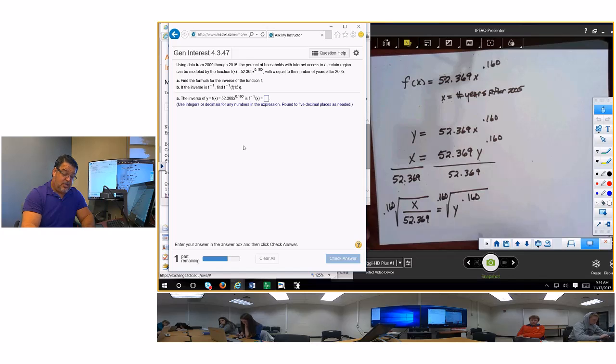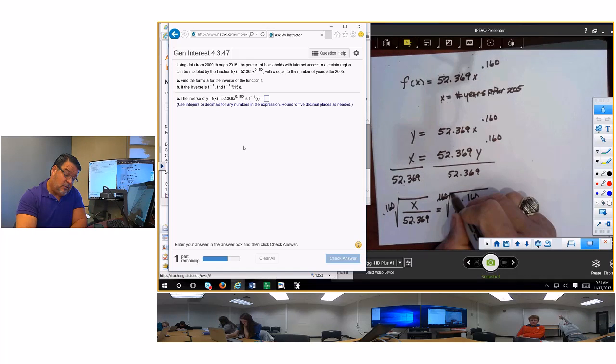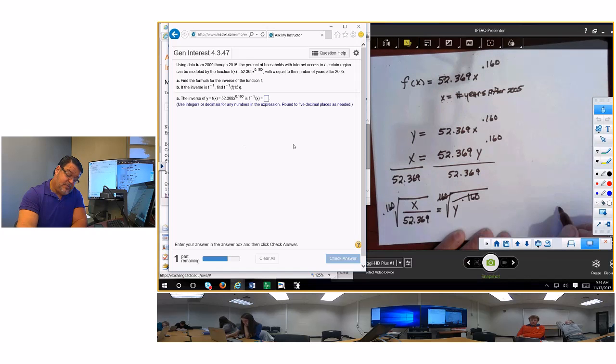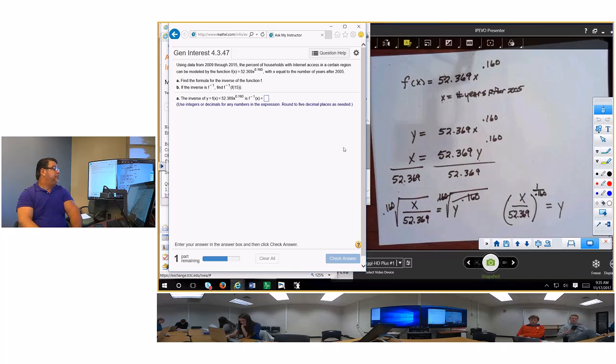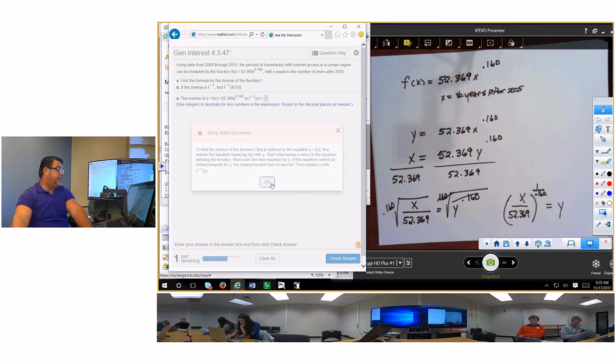Or you can raise it to the 1 over 0.160 power, that's fine. That's what I'm going to do. So that takes that out, and you get y is equal to x over 52.369 raised to the 1 over 0.160 power. That's what I would get, but I'm not typing that in because it's too aggravating. I'm just going to type in 3 and let it answer it.